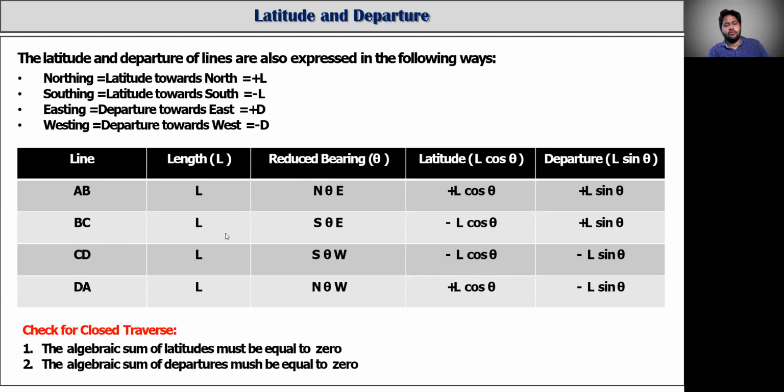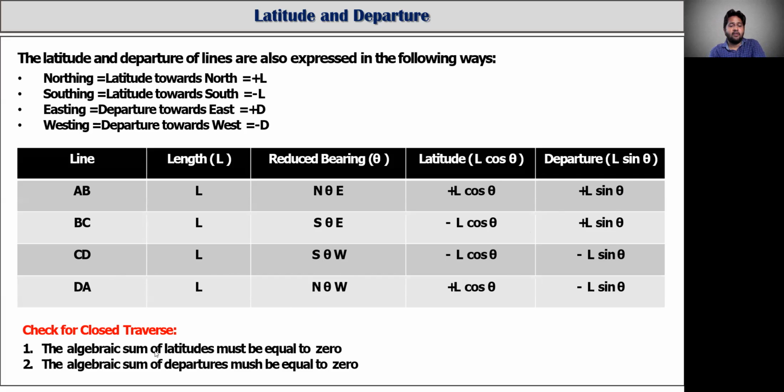BC equal to L, S theta E: minus L cos theta, plus L sin theta. CD equal to L, S theta W: minus L cos theta, minus L sin theta. This is called latitude and this is called departure. How you measure all these things, that is more important.